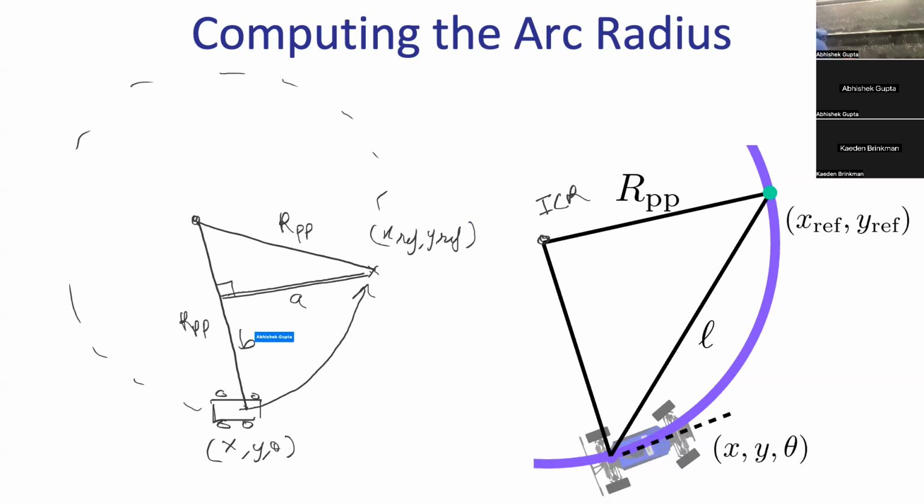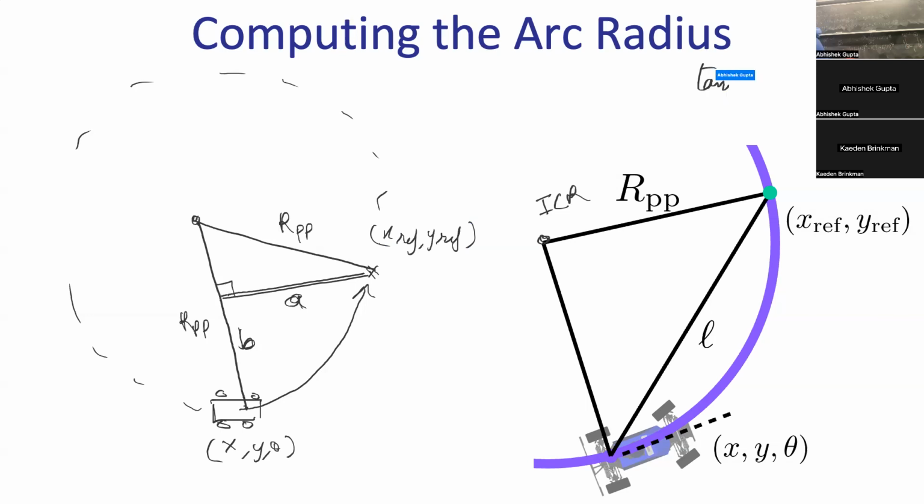So all we've done here is we've said the car is going to move in an arc. R_PP is the radius of the arc. We've drawn a right angle from x_ref, y_ref to the line connecting the car to the center of rotation, and we've said the distance here is going to be A, the distance here is going to be B. Yes? Okay.